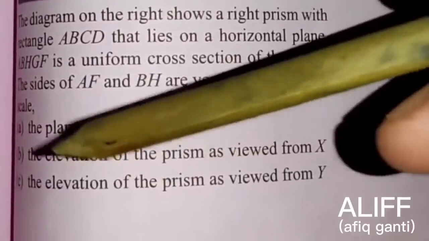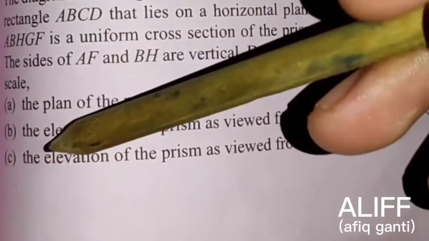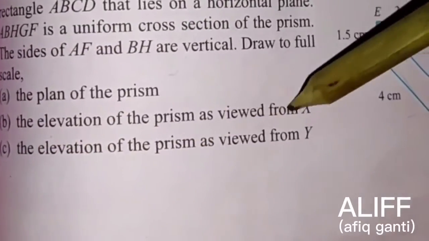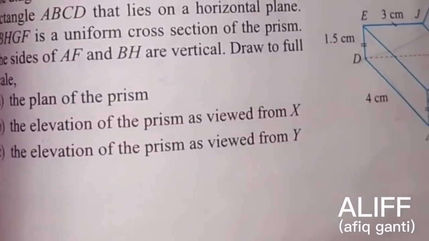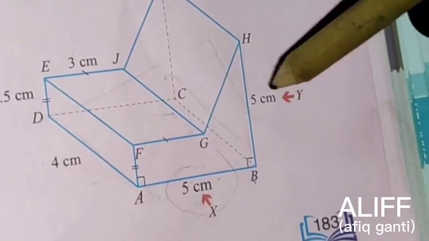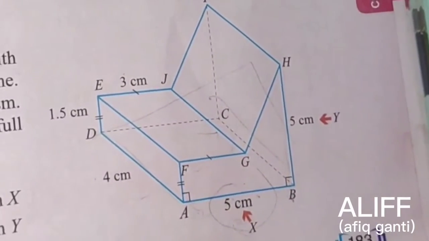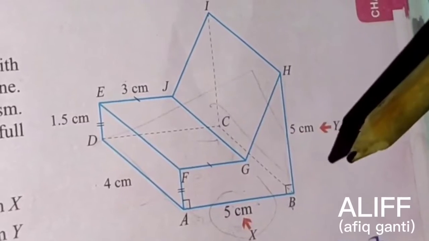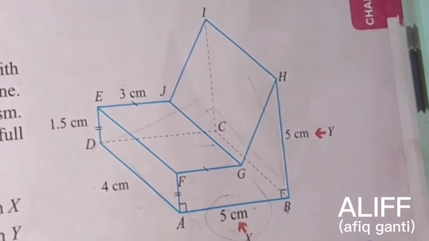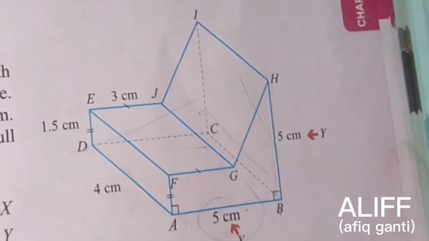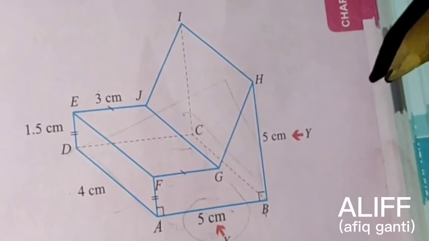Okay. Now for C, the elevation of the prism as viewed from Y. And of course, we have front elevation and side elevation. Look at this. This is what Y sees. Now, let's take a look. Does it look like front elevation or side elevation?